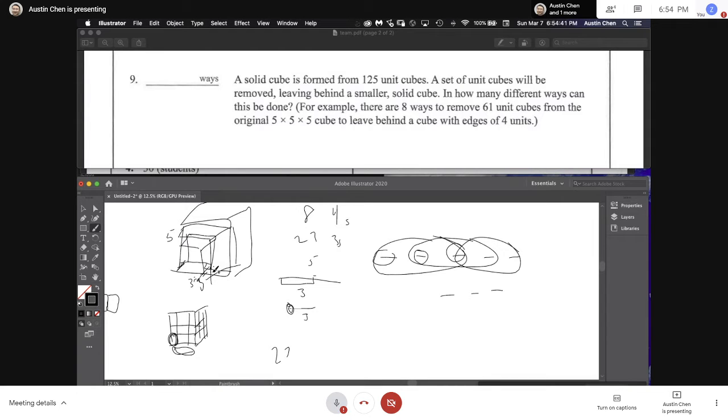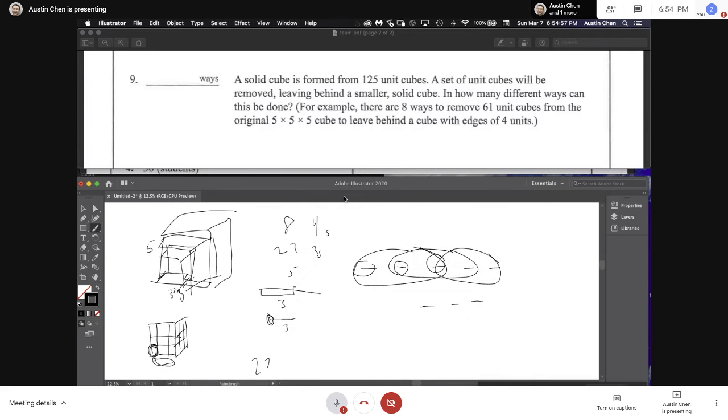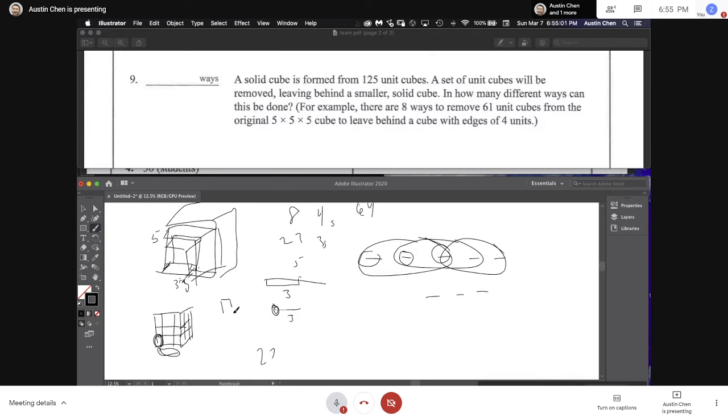We're making our cube one smaller, so our left bottommost unit cube can be extended one position in any direction. And then we count how many unit cubes are in that 4 by 4 by 4, which is just 4 cubed, which is 64.